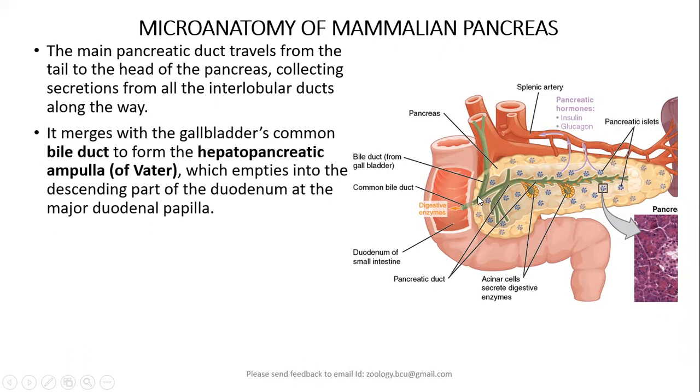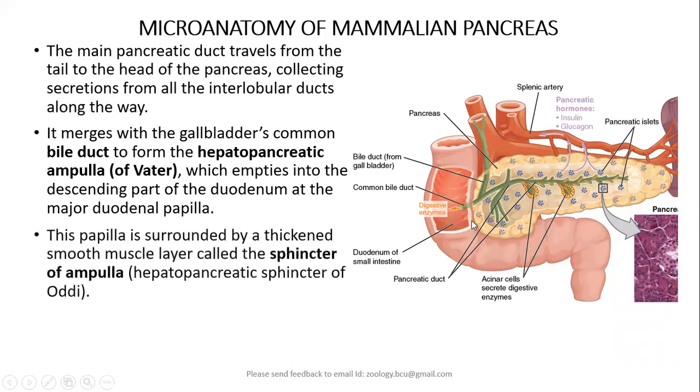Finally, it merges with the gallbladder's common bile duct to form the hepatopancreatic duct, forming the ampulla region, or the ampulla of Vater, which empties its secretions into the descending part of the duodenum, as you see here, in the region of the major duodenal papilla.